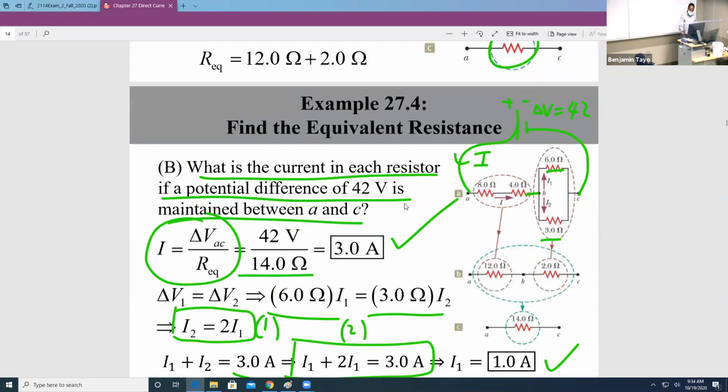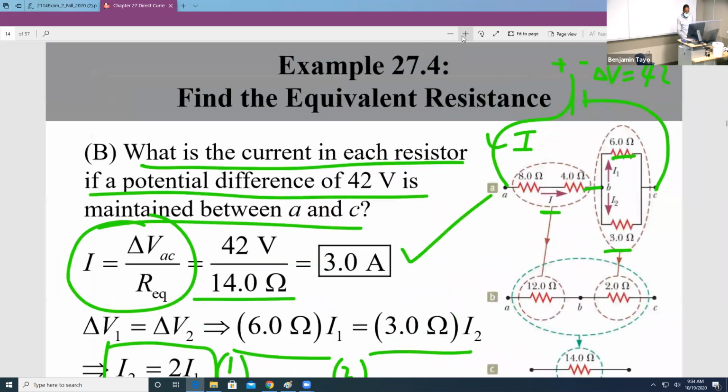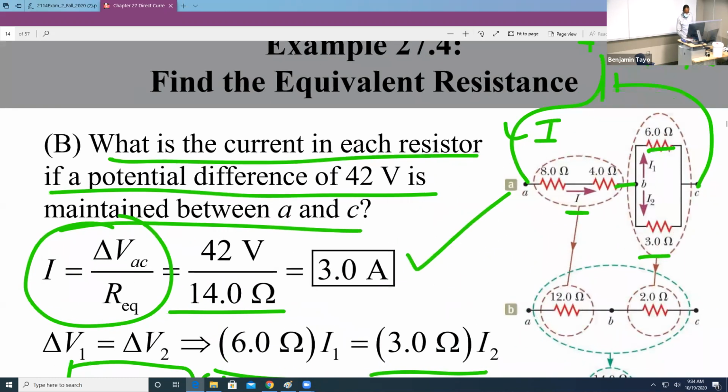But I think the key is that if you look at this current I, as this current comes in, it's going to branch into 2 parts, I1 and I2. So let me try to zoom this a little bit more so you guys can see. The current I comes here and is going to split up into 2 parts, I1 and I2. So it means that I must be equal to I1 plus I2.